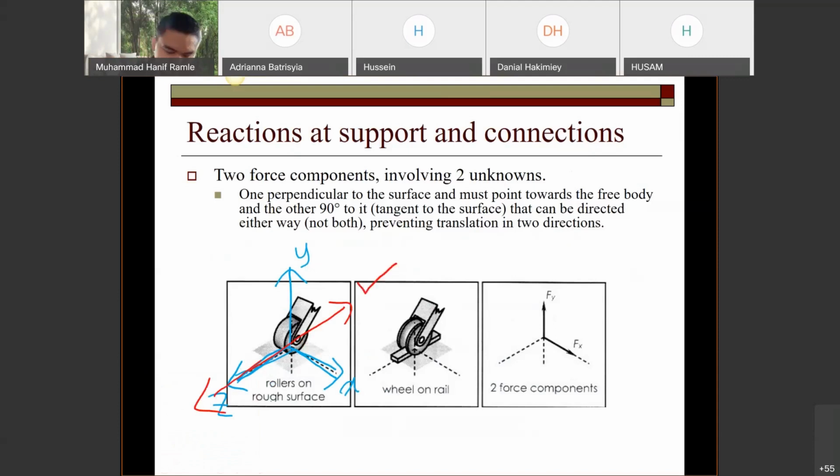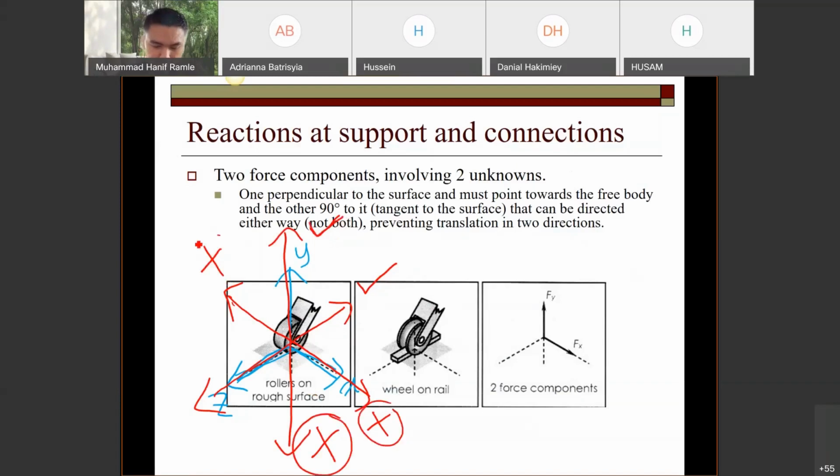Yes. The X direction, can it go? No, cannot. The Y direction? They can go up, but cannot go down. The cannot one, I call it the restriction, the reaction. I'm not finished yet.